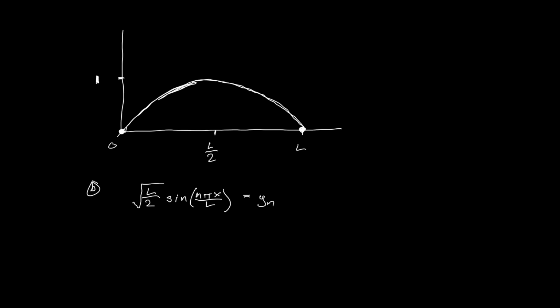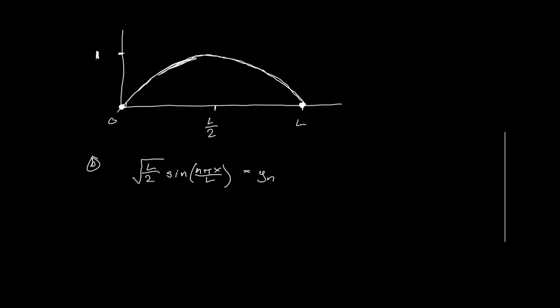This is the basis that we're going to use, and it expands any square integrable function that vanishes at the endpoints. So that's why this is a good one to use. It's also a wave, so it has this almost parabolic behavior within a limited domain, and so this is what we're going to use.